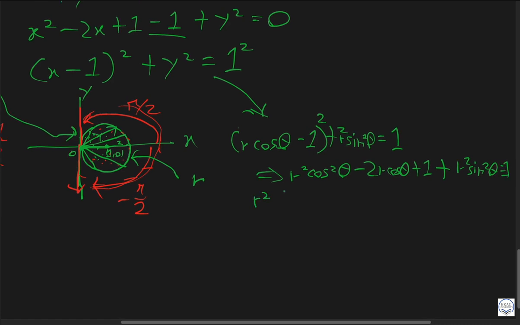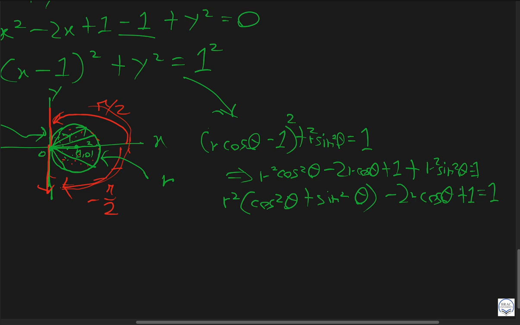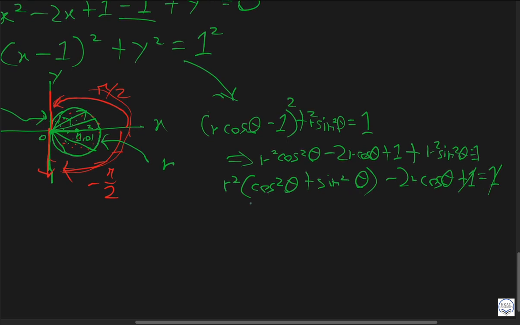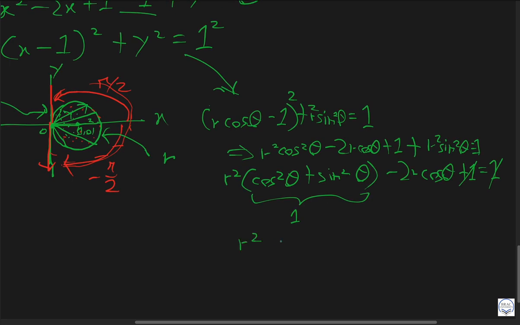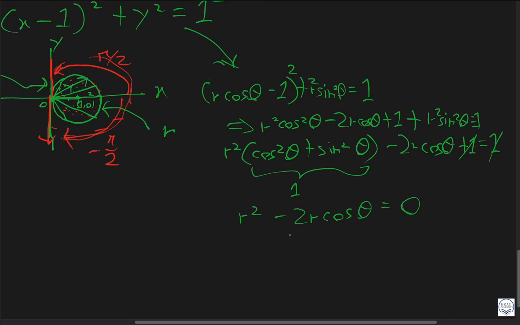Now we can take r squared common: cos squared theta plus sine squared theta, minus 2r cos theta plus 1 equals 1. Right? So these two actually cancel, and sine squared theta plus cos squared theta is 1, so we get r squared minus 2r cos theta equals 0.